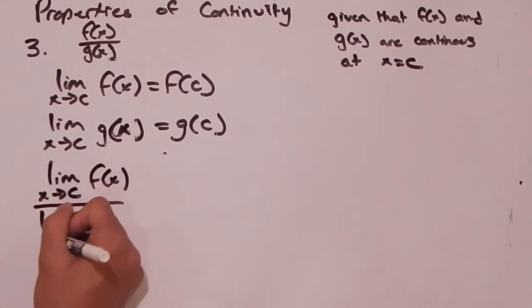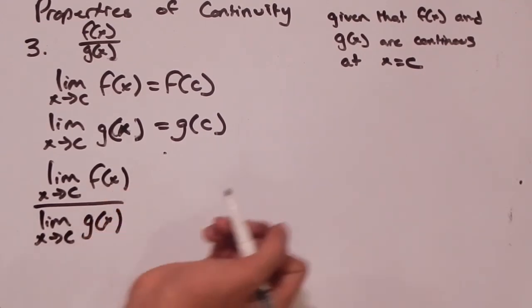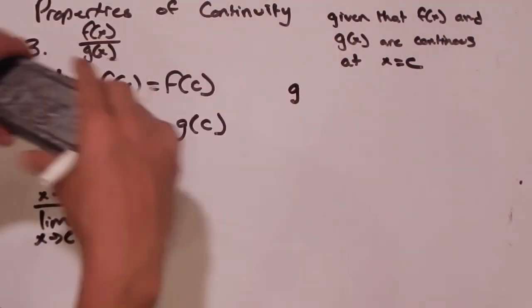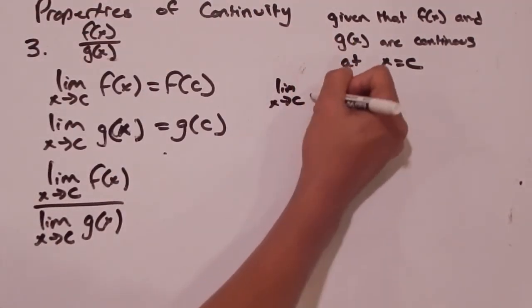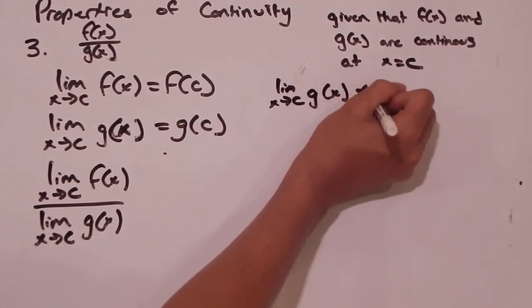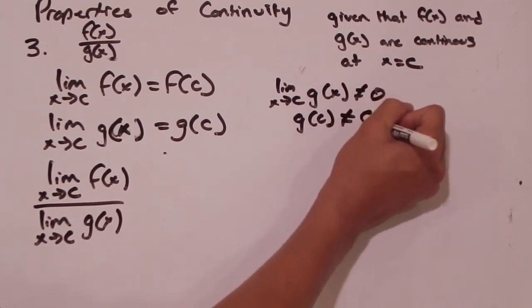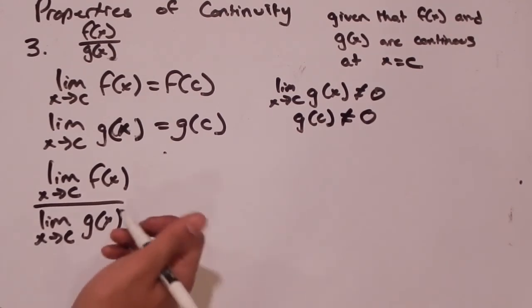And again, we know we can never divide by 0, so we're going to make the stipulation that the limit as x goes to c of g of x cannot equal 0, or that g of c cannot equal 0. Either of those will do, because they are, again, equal, because g of x is continuous at x equals c.